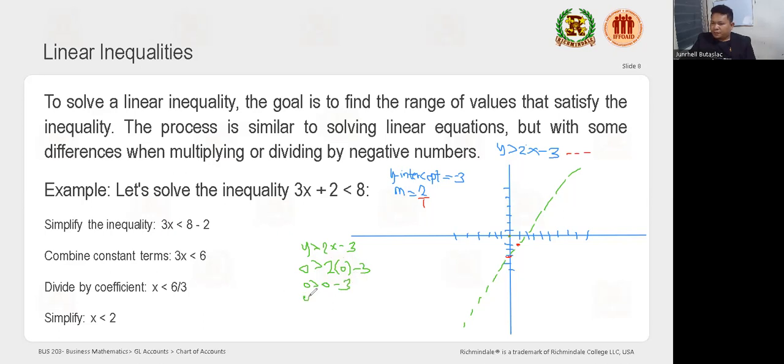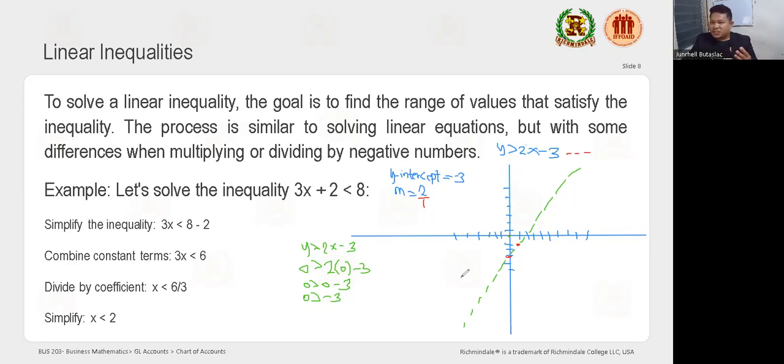So 0 is greater than negative 3. Identify if the statement is true or false. What do you think? That's true, because numbers below 0 are negative numbers.